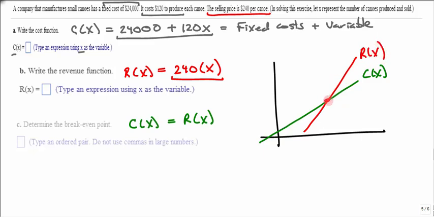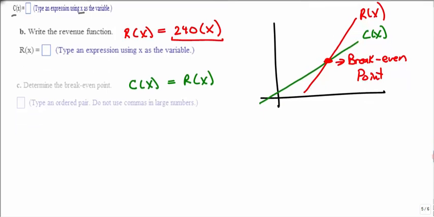And at this very point where they intersect and they basically agree that my values are the same for x, my number of canoes I need to produce is my break-even point. And again, this is a point where we start to make money. Below this, my revenues aren't as high as my costs, so I'm losing money. At this point, they're the same. Above this point, I'm making more money. I'm bringing in more revenue than my costs, so I finally start to make money.